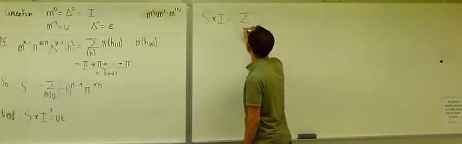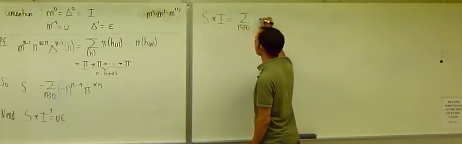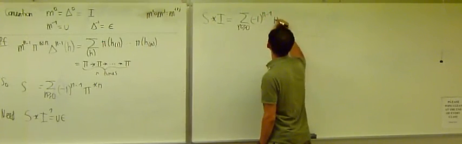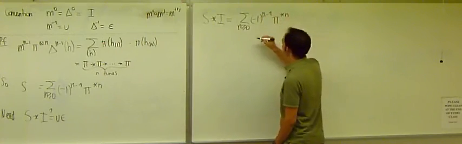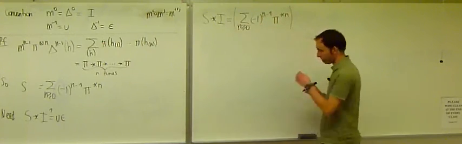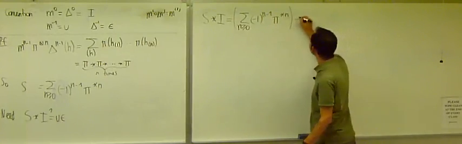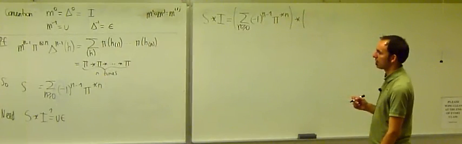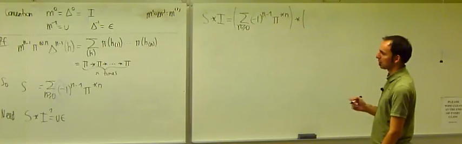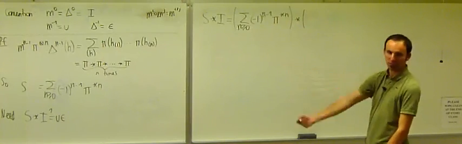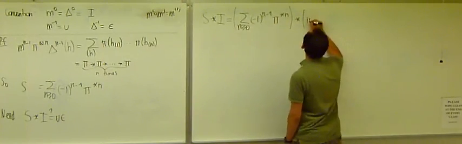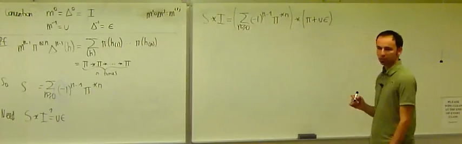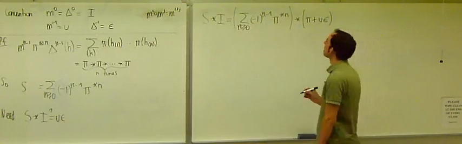So S is this, convolution I. And what is I? Well, I'm going to write I as pi plus u epsilon. Okay? So what do I get?